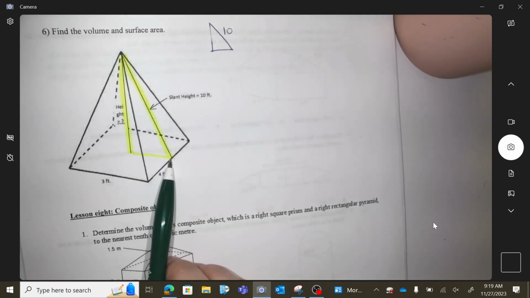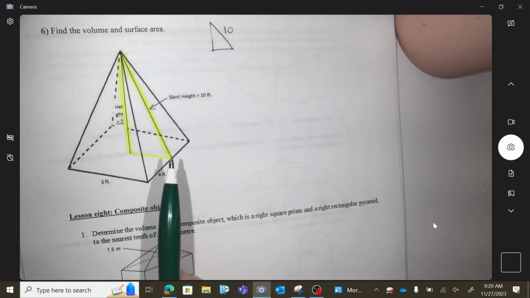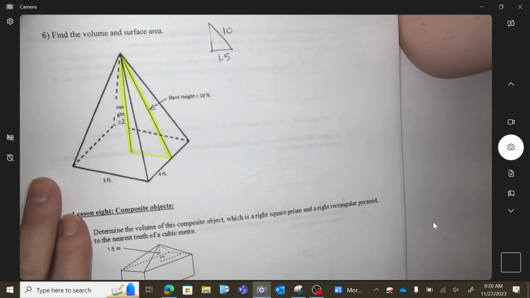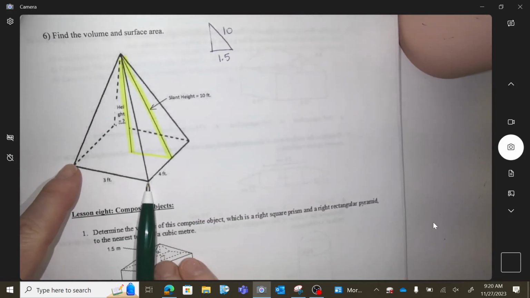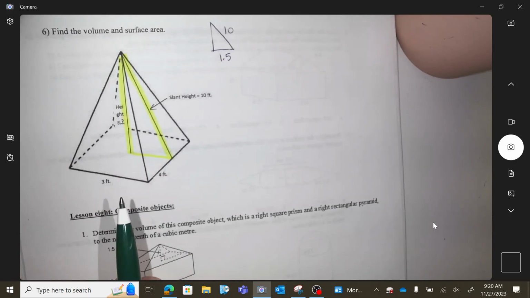On my yellow triangle, what would be along the bottom of that yellow triangle? The bottom, so this distance right here, think about what that would be. Did you get a 1.5 out of that? Because this was 3, this yellow part is 1.5.